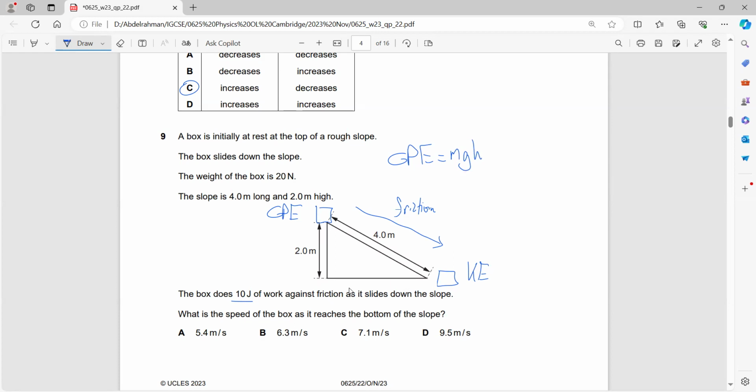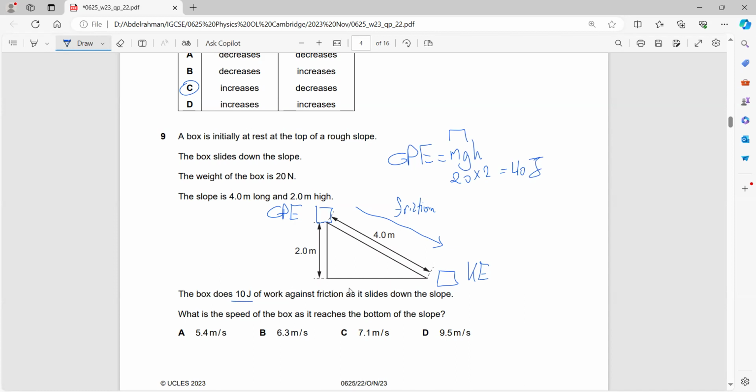The weight is equal to mg, so you don't need to calculate the mass because mg is the weight. You already have mg, which is 20, and you can just multiply it by the height, which is 2. This gives a total gravitational potential energy of 40 joules.